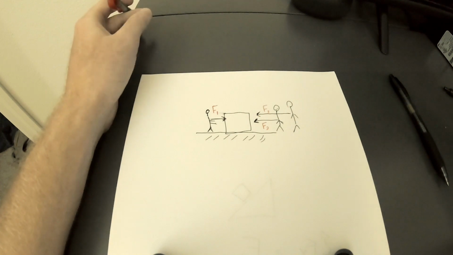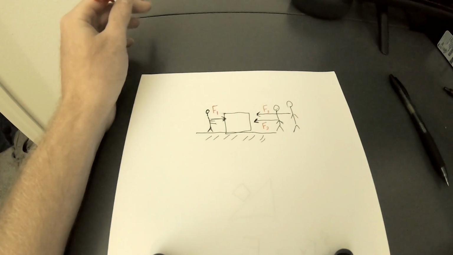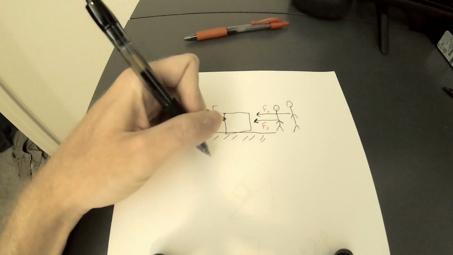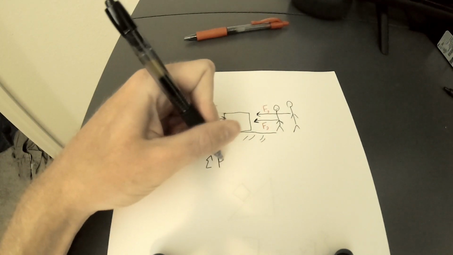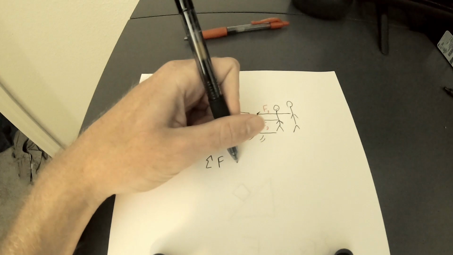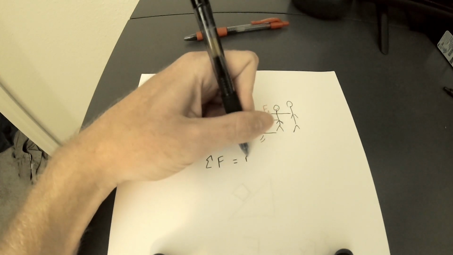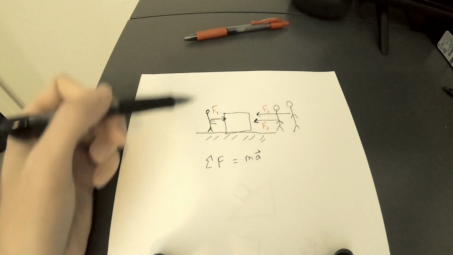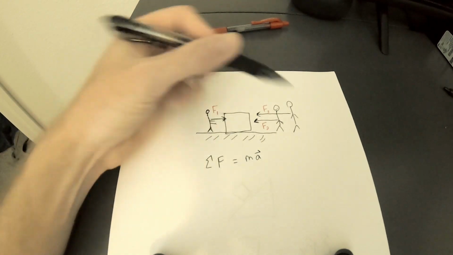There is no acceleration. Therefore, when you write out Newton's second law, which is sum of the forces equals the mass times the acceleration, you're going to have that acceleration is 0.